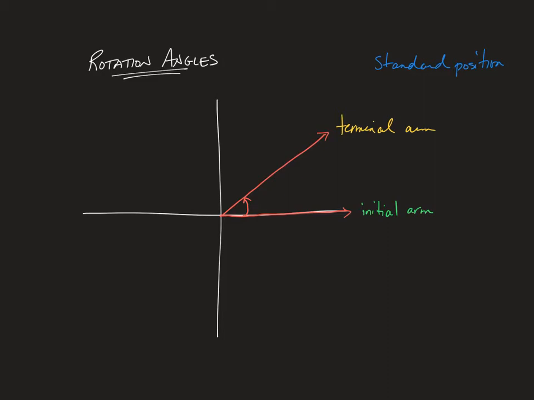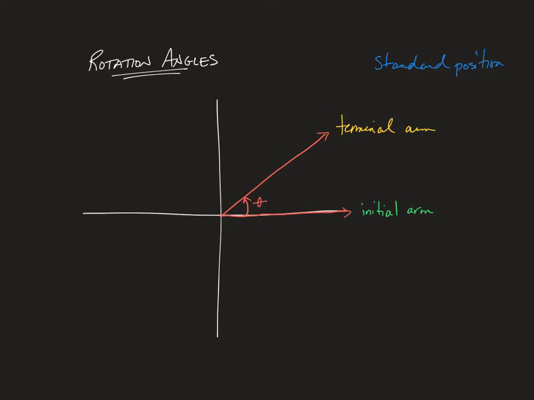When we rotate the terminal arm, the initial arm stays where it lies. It's stationary, it does not move. Through the rotation of the terminal arm, we end up creating an angle. In this instance, maybe that's angle theta. You'll notice that at the origin and between our two arms, we have created an angle.